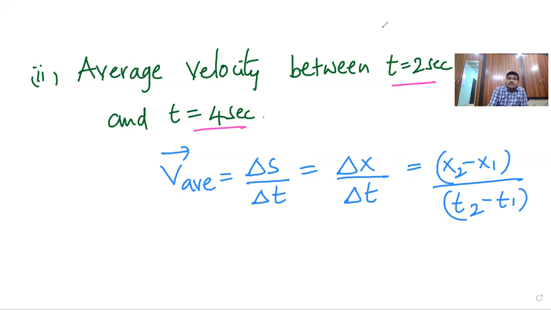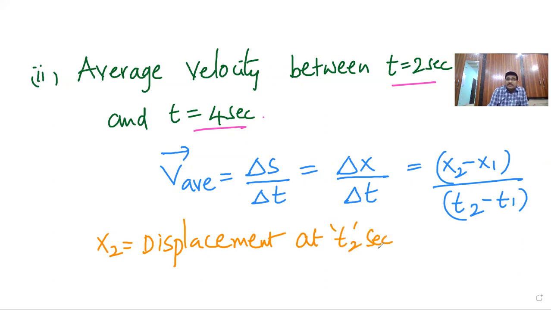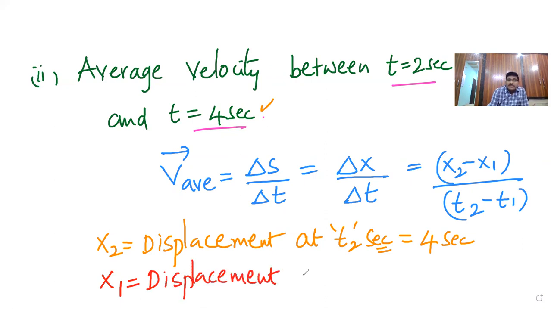What is x2 here? x2 is the displacement at t2 seconds. What is t2? 4 seconds. Similarly, what is x1? x1 is the displacement at t1 seconds.